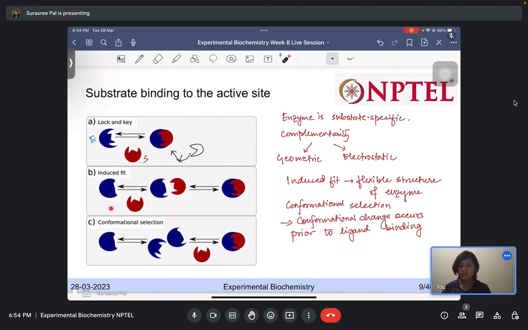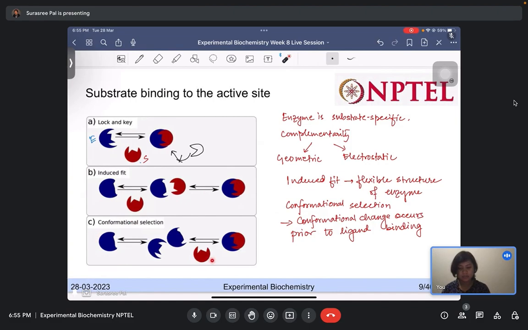There is a third model also, which is called the conformational selection model. It states that a conformational change occurs in the enzyme prior to ligand binding. So even before the ligand or the substrate can bind, a conformational change occurs.